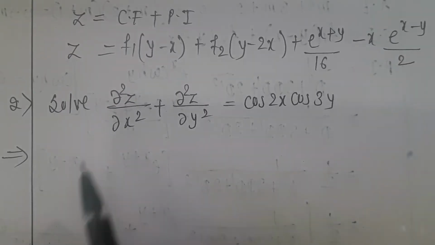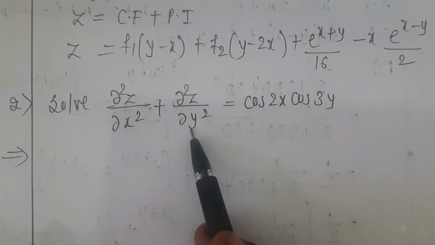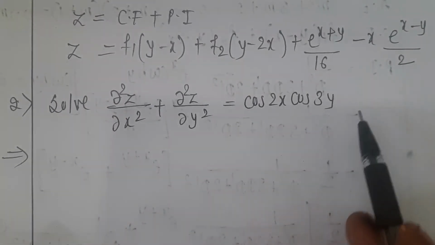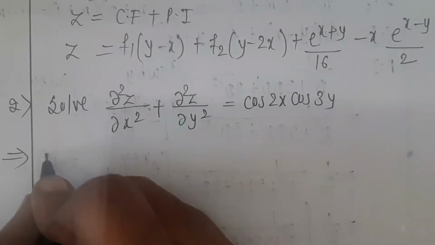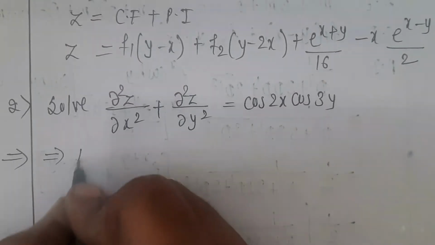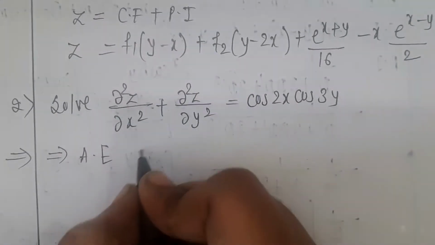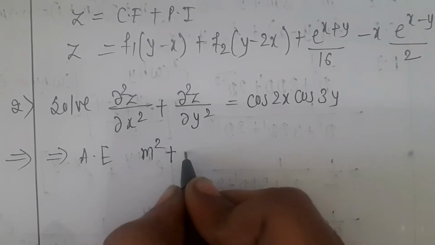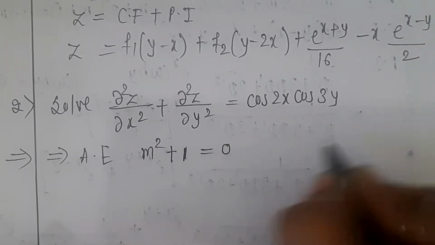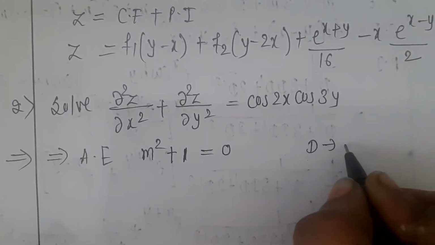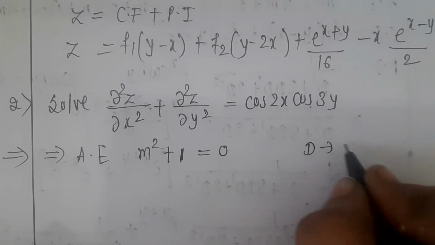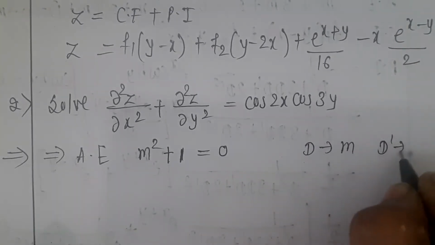Next question is solve del 2 z by del x square plus del 2 z by del y square is equal to cos 2x into cos 3y. So first write the auxiliary equation. The auxiliary equation is m square plus 1 is equal to 0, because we replace d by m and d dash by 1.